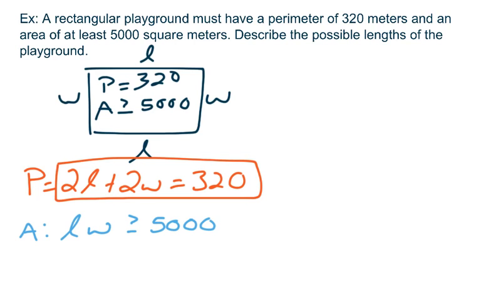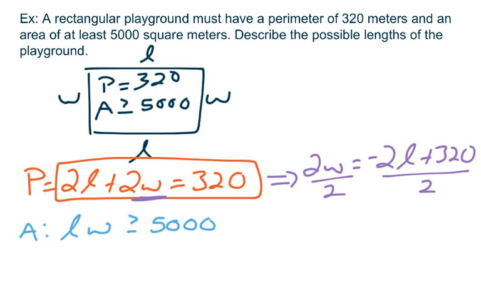What I'm going to do first is solve this red equation for W. Using algebra skills, I know that 2W is equal to negative 2L plus 320, just subtracting the 2L over, and then you divide both sides by 2. So W is equal to negative L plus 160.